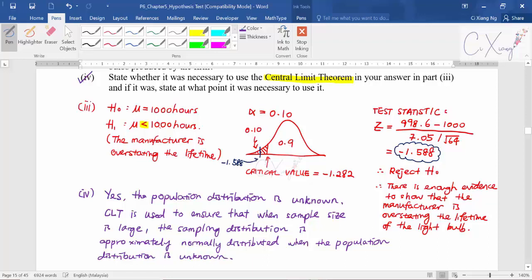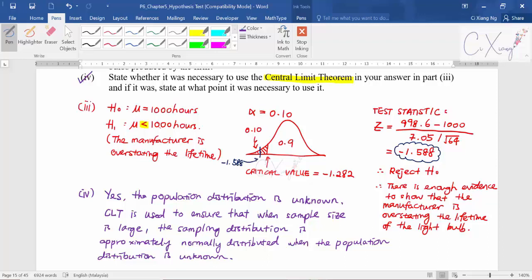This is how we answer the question. So you should know when you actually apply the central limit theorem and when you don't. That's why you need to analyze all the sentences in the question to see all the details here. So this is what we have for example 10.